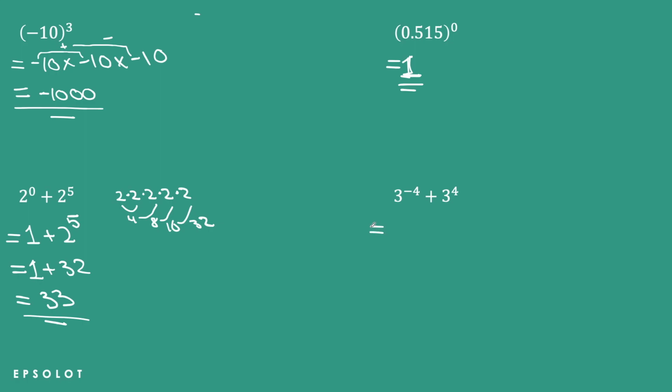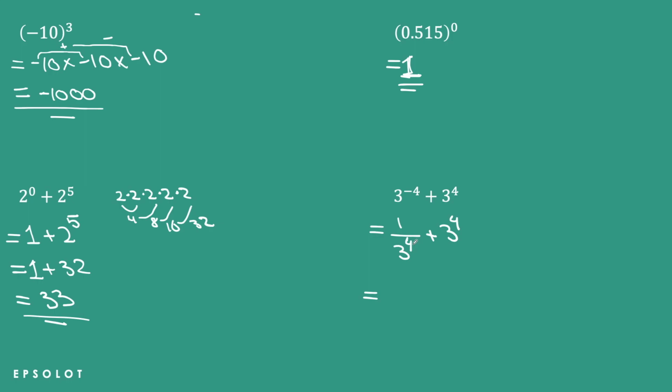Coming to the next one. Now you see we have a negative exponential and a positive exponential. A negative exponential, as we have looked at before, means that you need to rewrite this like this: 1 over 3 to the power of 4, plus 3 to the power of 4. And now since we need to simplify this, you need to be able to write it as one fraction.